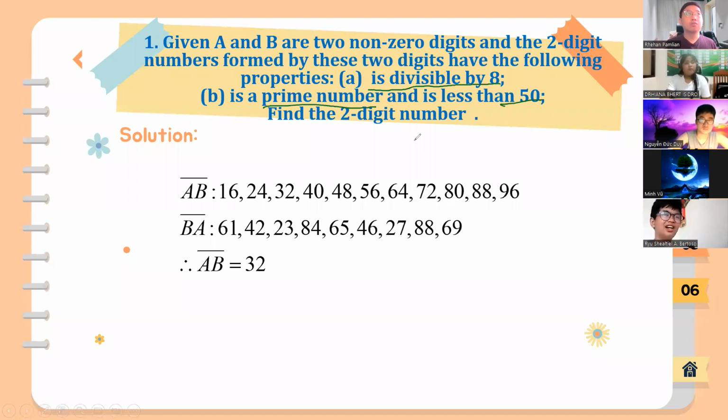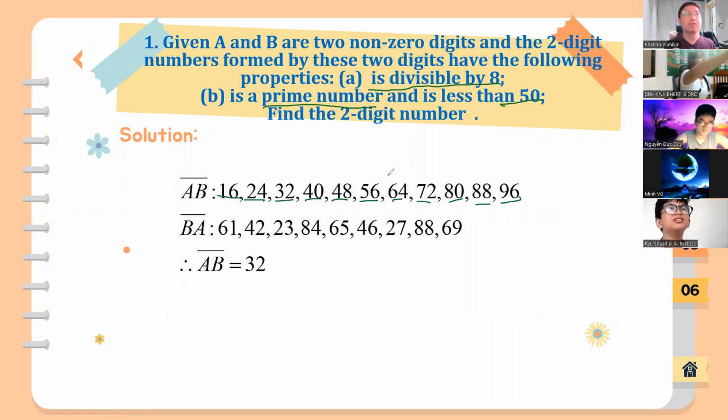First, take the first property: divisible by 8. What are the two-digit numbers divisible by 8? We could start with 16, 24, 32, 40, 48, 56, 64, 72, 80, 88, 96. All of these are divisible by 8, because these are two-digit numbers.